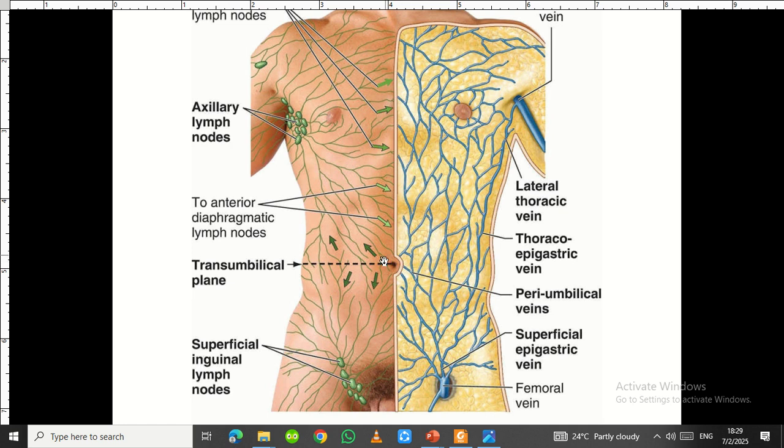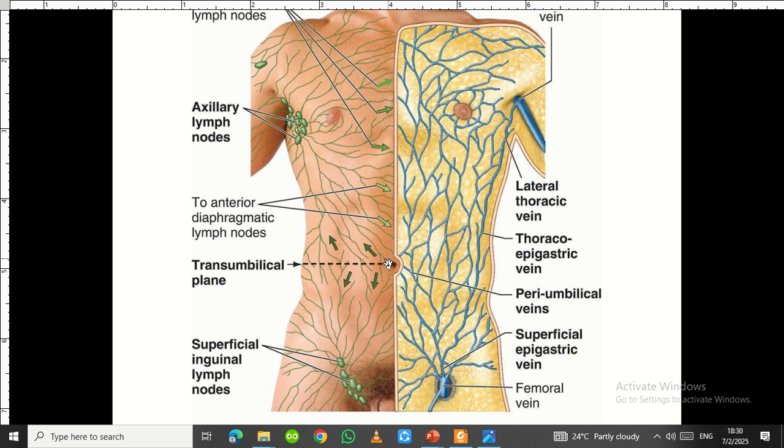So at the umbilicus, you have what are called para-umbilical veins. These veins are going to be tributaries of your portal vein, right? So they're going to be draining into the portal vein. Take note of this para-umbilical vein. If you remember embryologically, this site is where you're going to have your umbilical cord. And inside your umbilical cord, you have your umbilical vein.